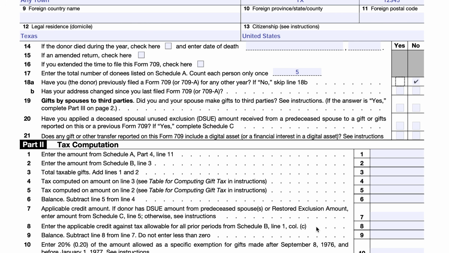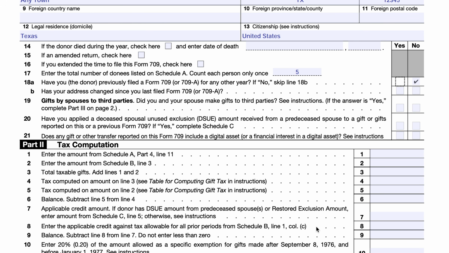I could go through all of that, or what we could do is something called gift splitting. That's where I claim $18,000 of an exclusion, and my wife, who also agrees with this present, claims and reports this under her $18,000 of exclusion, and all of a sudden it's not a taxable gift.